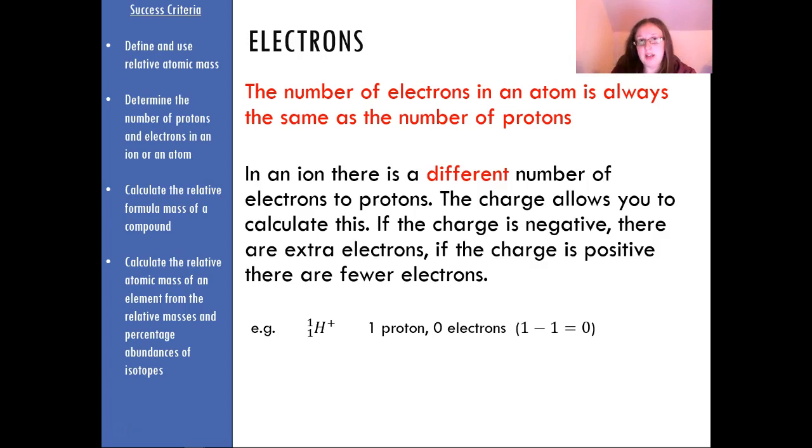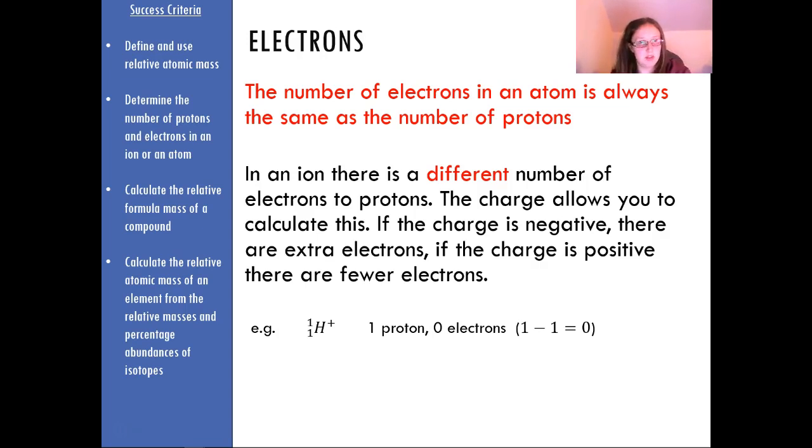So to figure out how many electrons, you need to look at the charge. If there is a positive charge, that means there are more protons than electrons. So for the number of electrons, you would take away whatever the charge is. If it's a negative charge, that means there's more electrons there, so you need to add on whatever the charge is to get how many electrons.